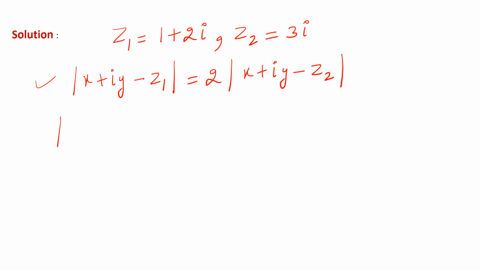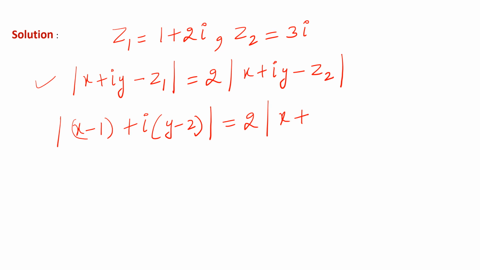Now it becomes mod of x minus 1 plus iota times y minus 2. I have separated real and imaginary parts, and this is equal to 2 times mod of x plus iota times y minus 3.